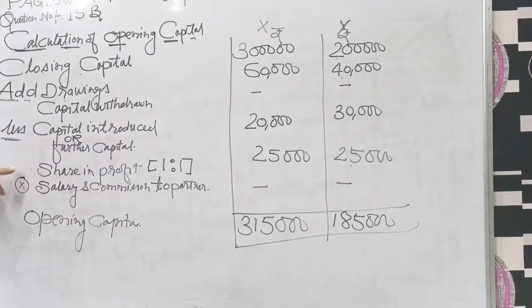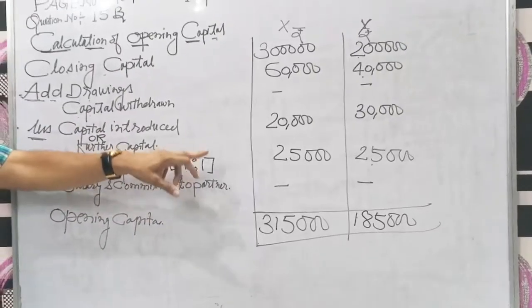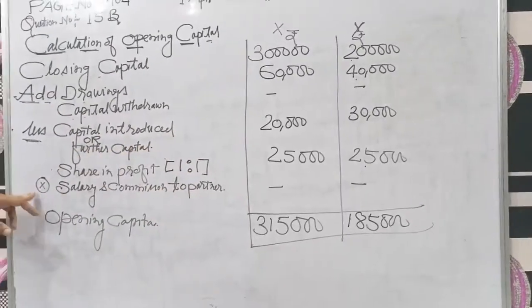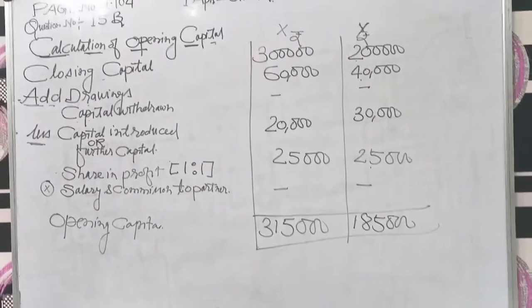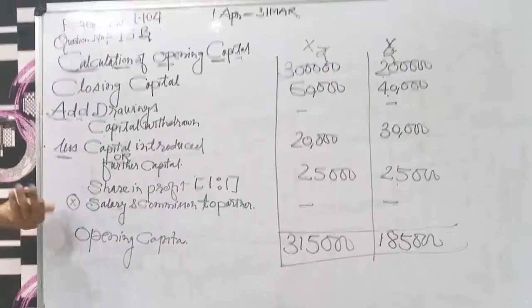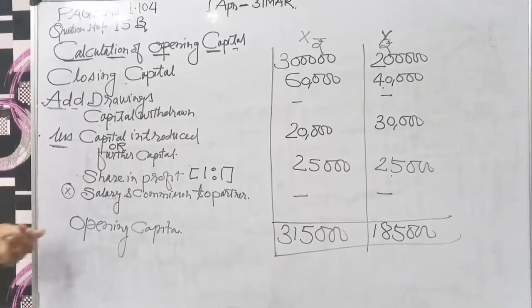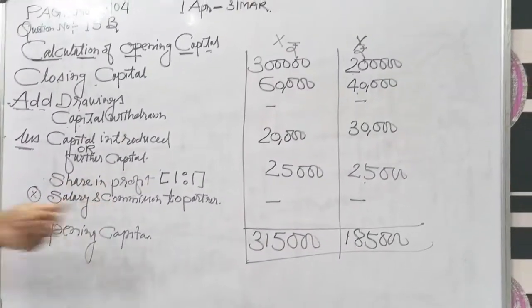In this question, the profit is shared equally, 1:1, so 25-25. Salary and commission to partner is given in rare situations, it happens in very few situations, but you have to keep it in your practice. You have to write this. No harm. And now we have the opening capital 3,15,000 and 1,85,000.